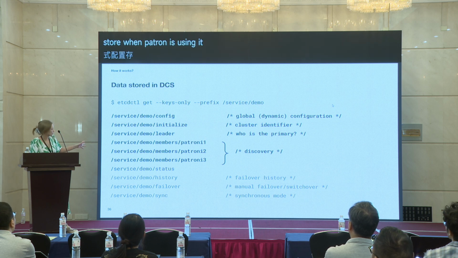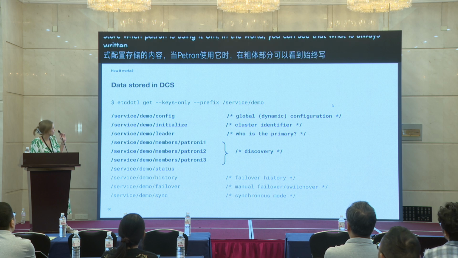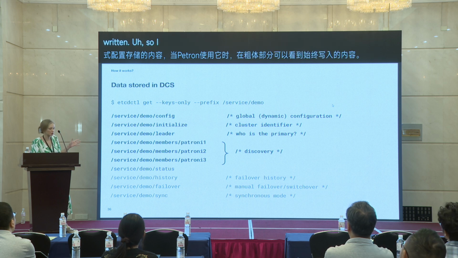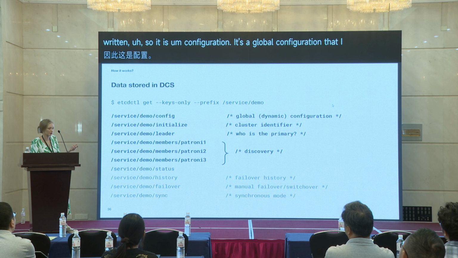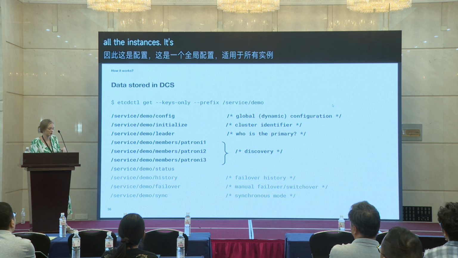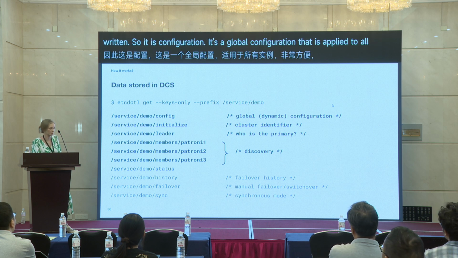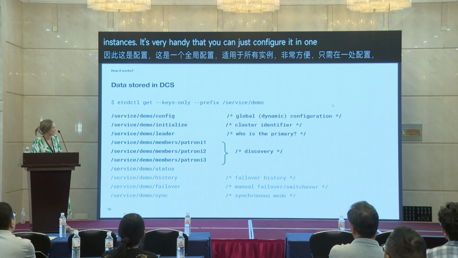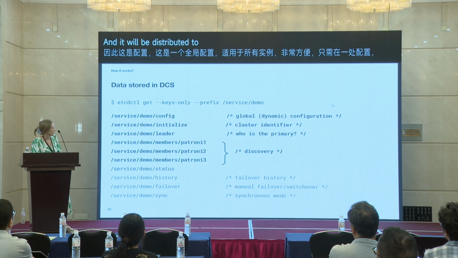In bold, you can see what is always written. So there is the configuration, a global configuration that is applied to all the instances. It's very handy that you can just configure it in one place and it will be distributed to all the instances of your cluster. We also call it dynamic configuration.